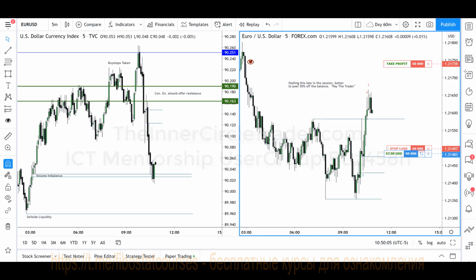So my concern is I'm late in the New York session. I'm in the heart of the London close kill zone. So I'm seeing it start to retrace now. If it starts to rally again, in my mind, I want to trail my stop loss up just below that old high that I was targeting on euro dollar, where the buy side liquidity pool is.